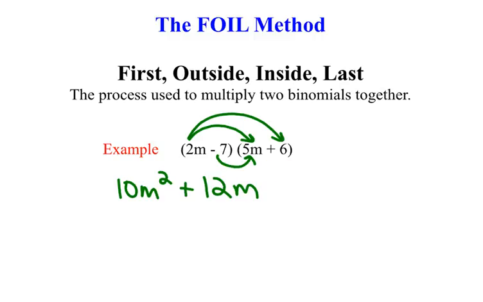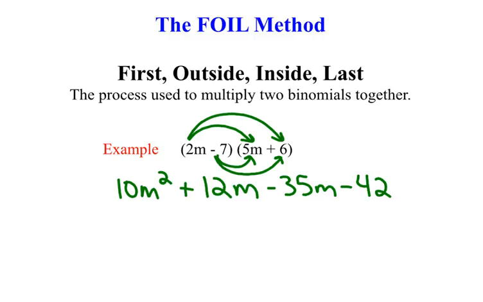So when we multiply negative 7 times positive 5m, we get negative 35m. And then finally, the last part of the distribution would be multiplying negative 7 times positive 6. Those are the last terms in each binomial. So that's the L in FOIL. And in this case, we would get negative 42.